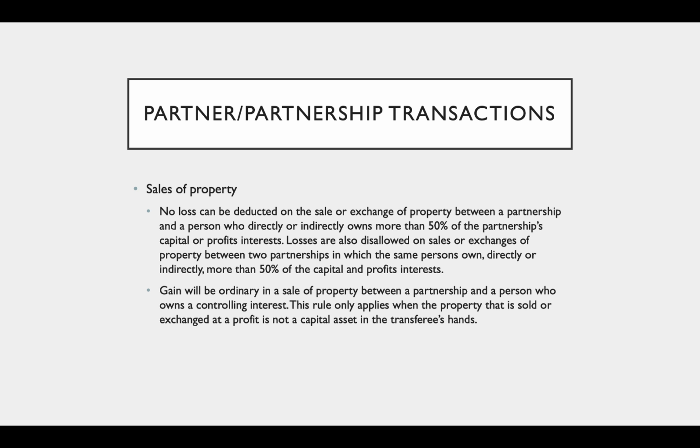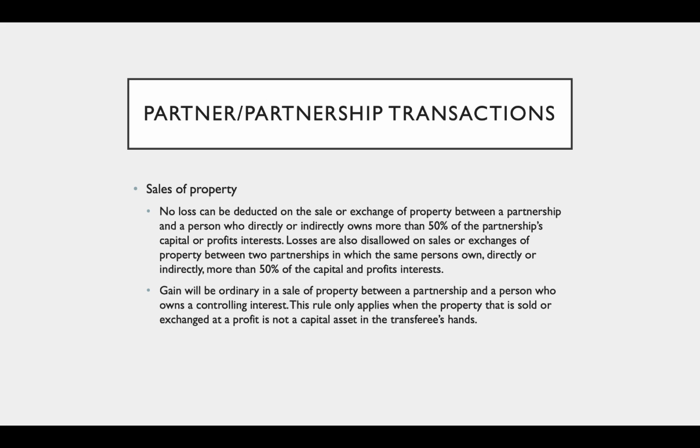Finally, there are also some limitations on partner transactions with the partnership. So if a partner sells a property to the partnership or vice versa, no loss can be deducted on the sale or exchange between a partnership and a person who directly or indirectly owns more than half of the partnership's capital or profits interest.